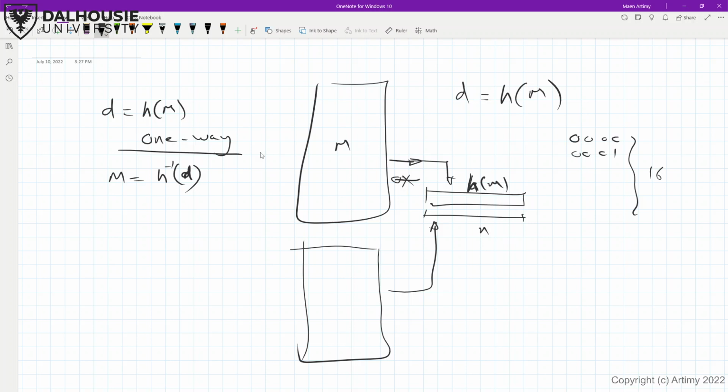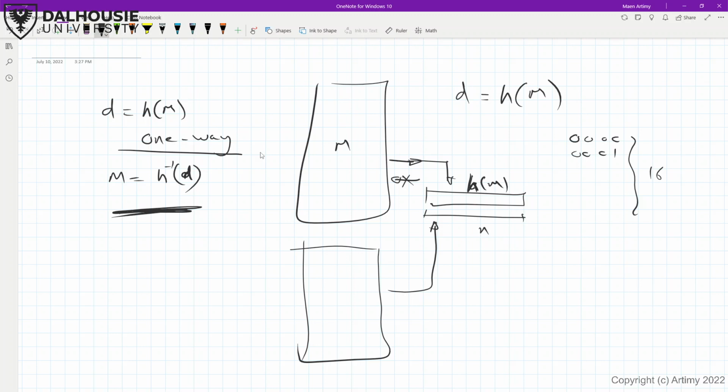But if I want to go back, which one of those many possible messages was the original message? It's very hard to find. So the inverse, taking the message from the digest, is very difficult. It's not impossible, but it's very difficult.